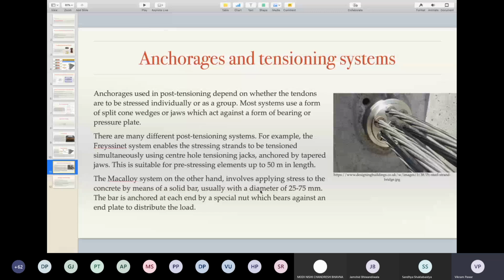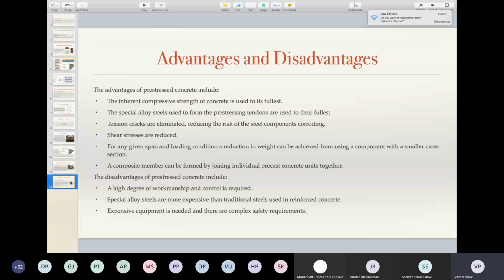Then we come to the advantages and disadvantages. Okay. Just a second. Just give me a minute.